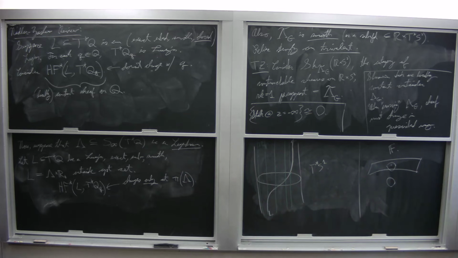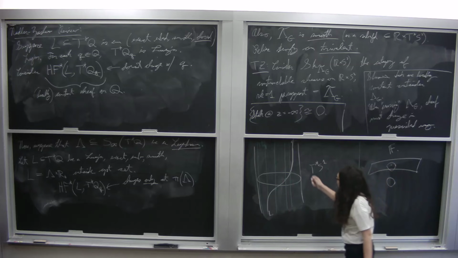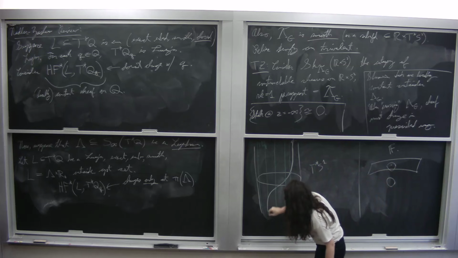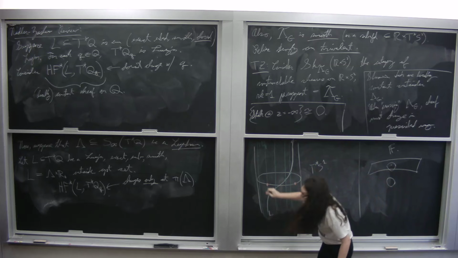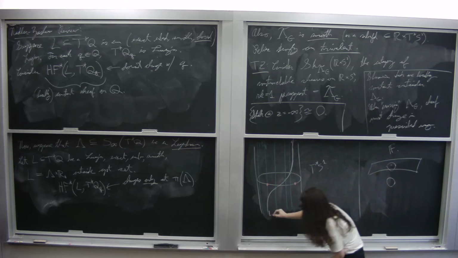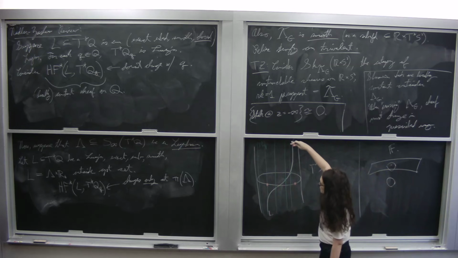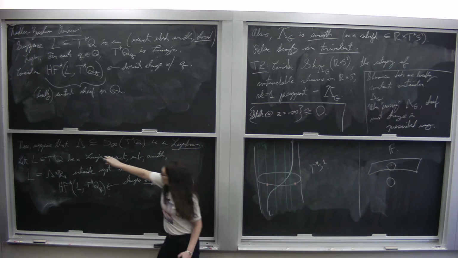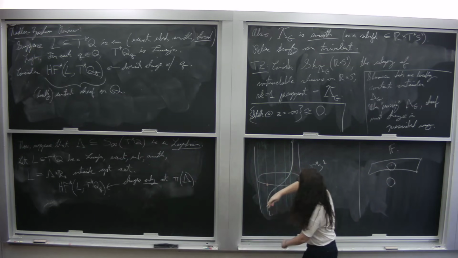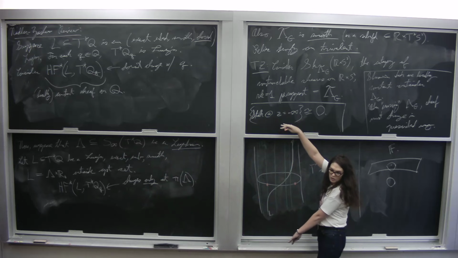So in the picture, what is pi of lambda? Pi of lambda would be this point and this point, just where it's non-transverse. What defines it is that lambda exists in the sphere at infinity. So that's just two circles, right?